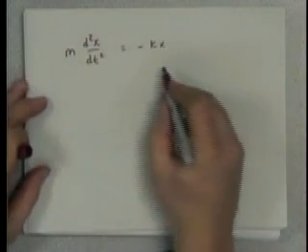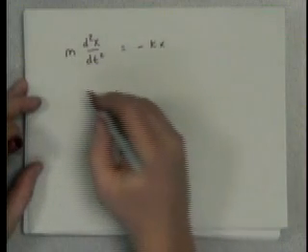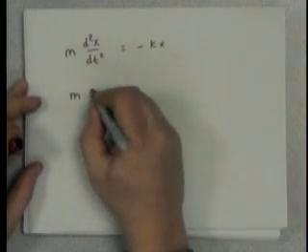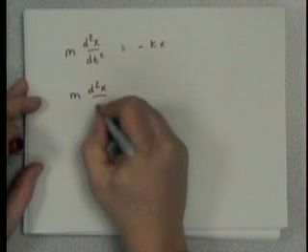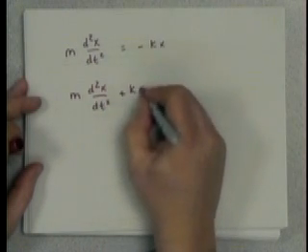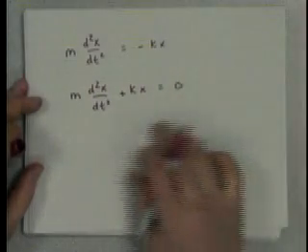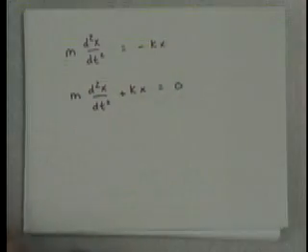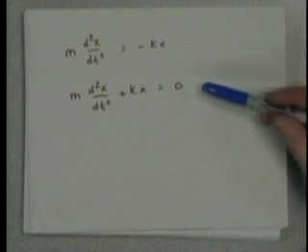I'm going to add this. We typically put all our function values, when we talk about differential equations, on one side, and then the other side involves what we might call forcing functions, or things that are outside my system.